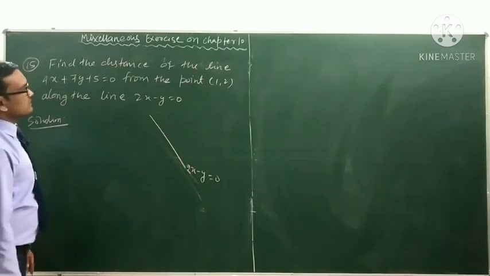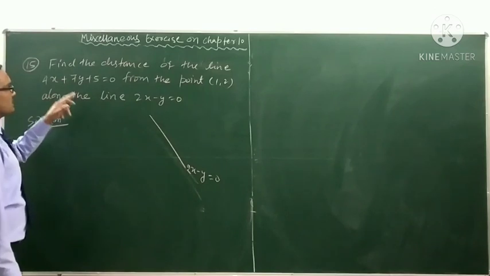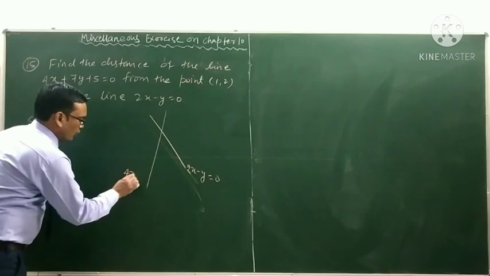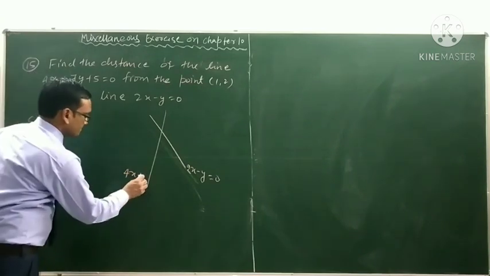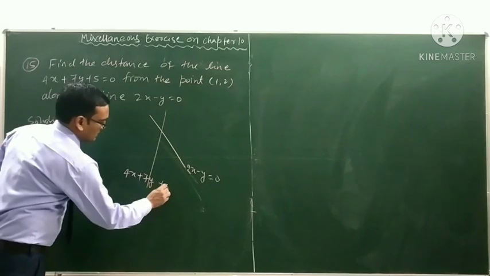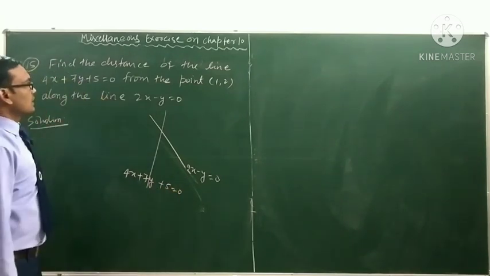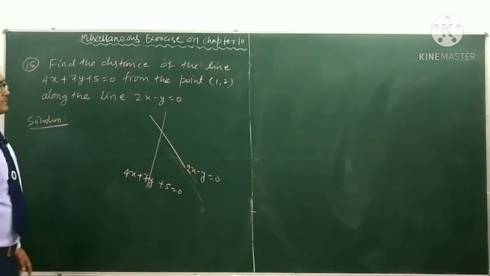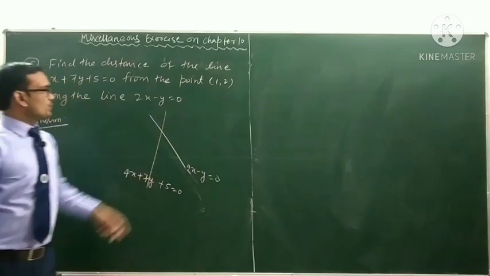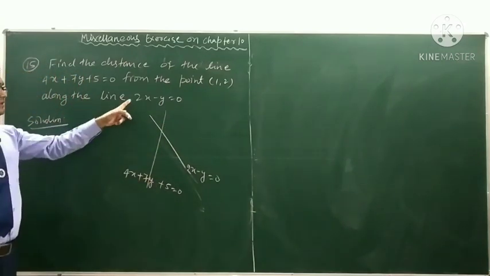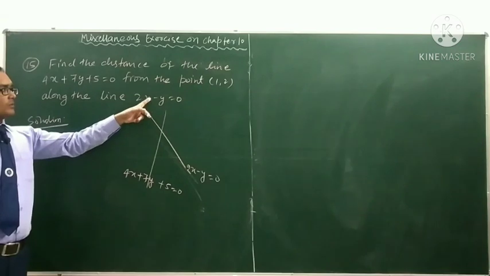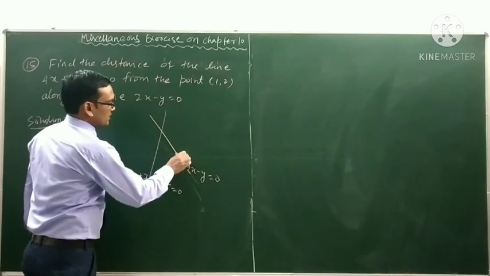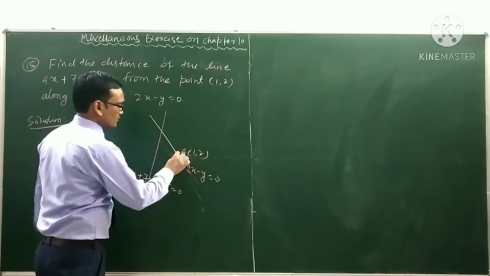Find the distance of the line 4x plus 7y plus 5 equal to 0 from the point (1, 2) along the line 2x minus y equal to 0. Here suppose that point A is (1, 2).